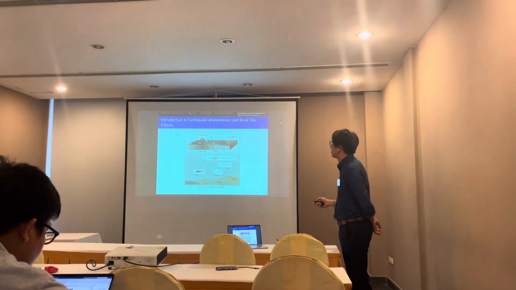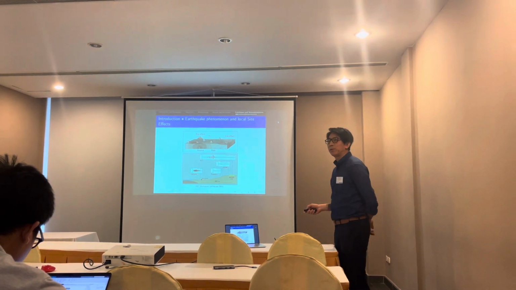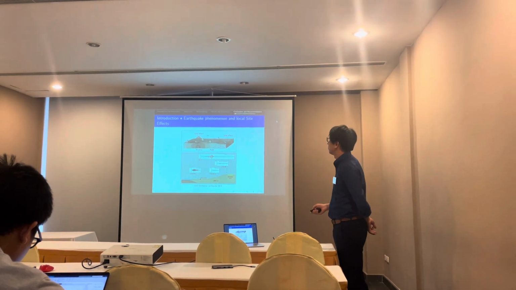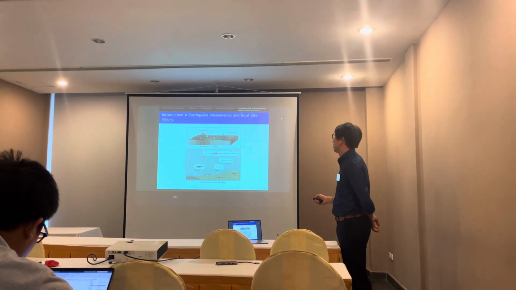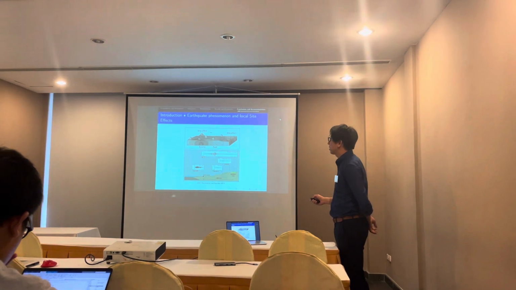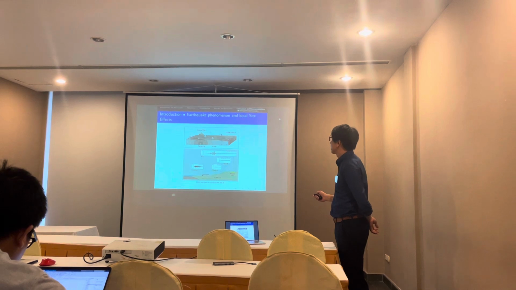Okay, let's discuss briefly the earthquake phenomenon and local site effect. As you can see in this figure, the earthquake releases energy from its source, creating seismic waves that propagate towards the site.